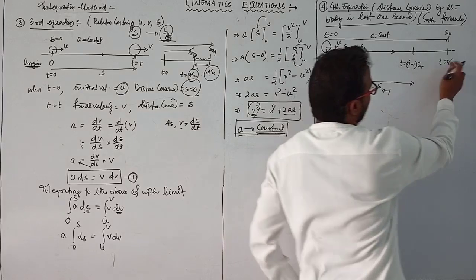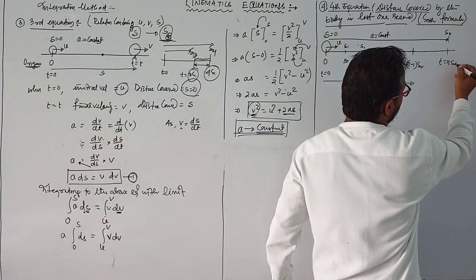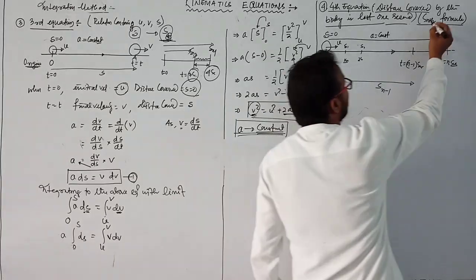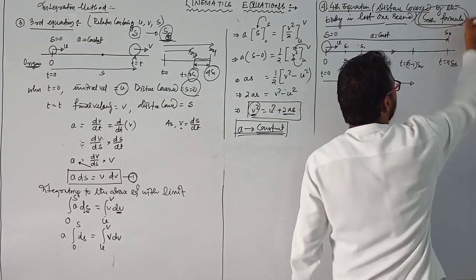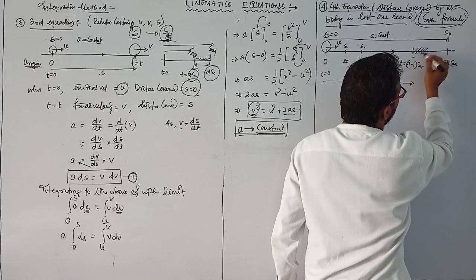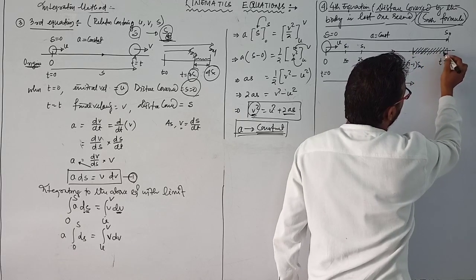Similarly here n seconds, and this is n minus 1 seconds. So the distance covered in the last second is known as the Sn formula, and this is the distance covered by the body in the last 1 second.